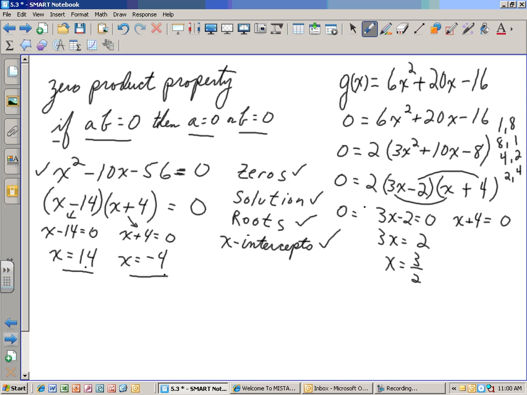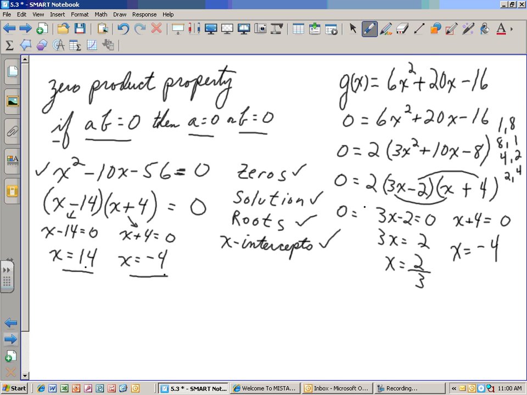Or subtracting 4 from each side. Should it be 2/3? Oh, I put 3 halves. Thank you. 2 divided by 3. All right, thank you, Adrian. So x could equal 2/3, x could equal -4.